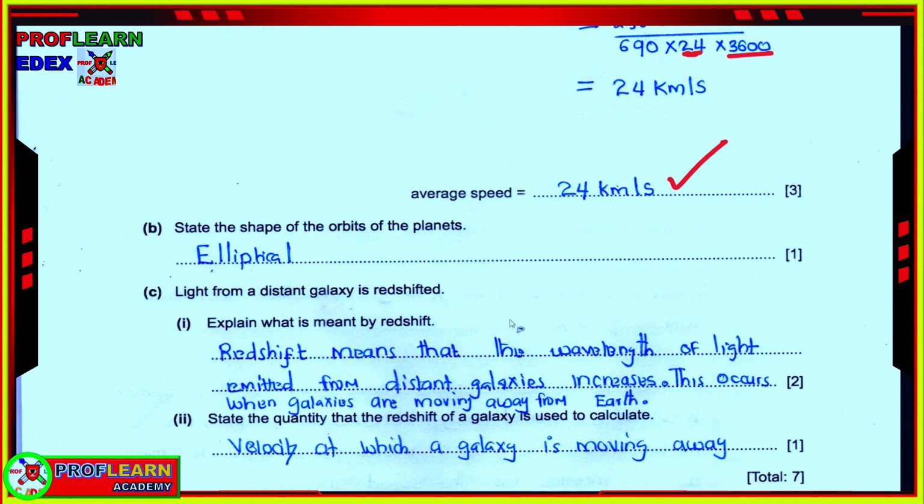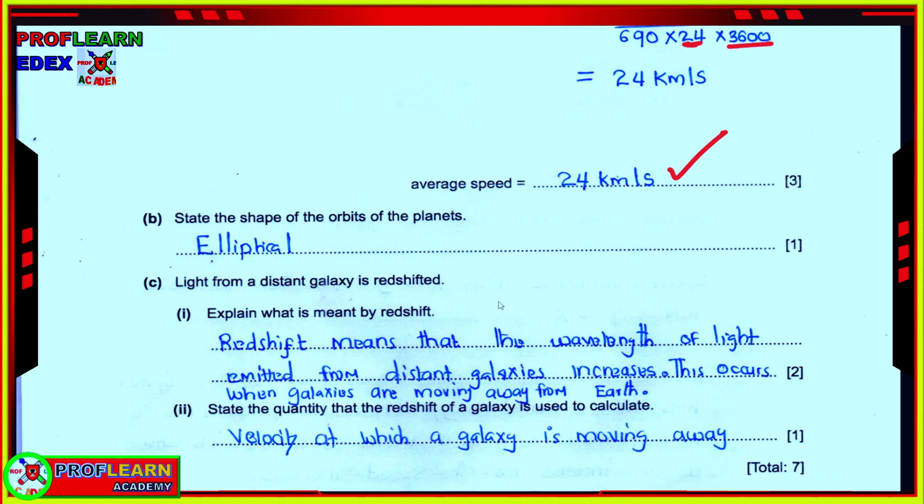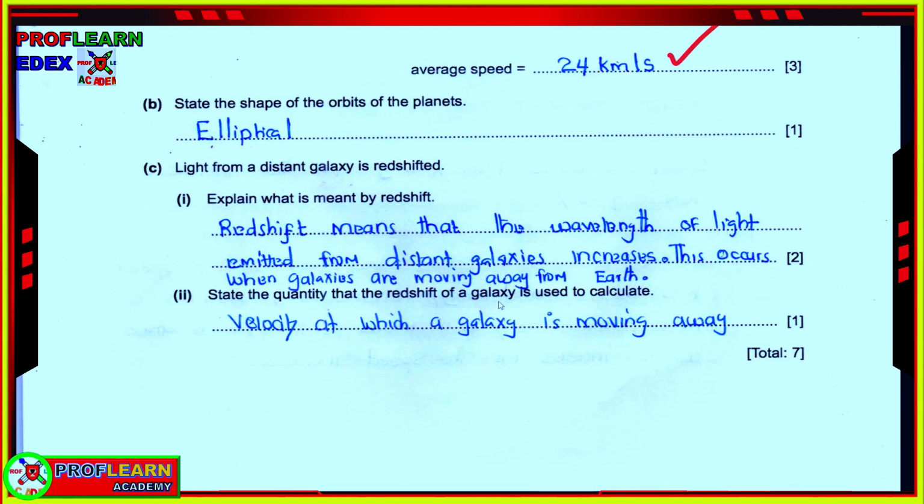If you are told to explain what's meant by redshift, you're going to say that redshift means that the wavelength of the light emitted from a distant galaxy increases, and this only occurs when the galaxies are moving away from Earth. If the galaxies were moving towards the Earth, it means the wavelength will decrease, and that is a blue shift.